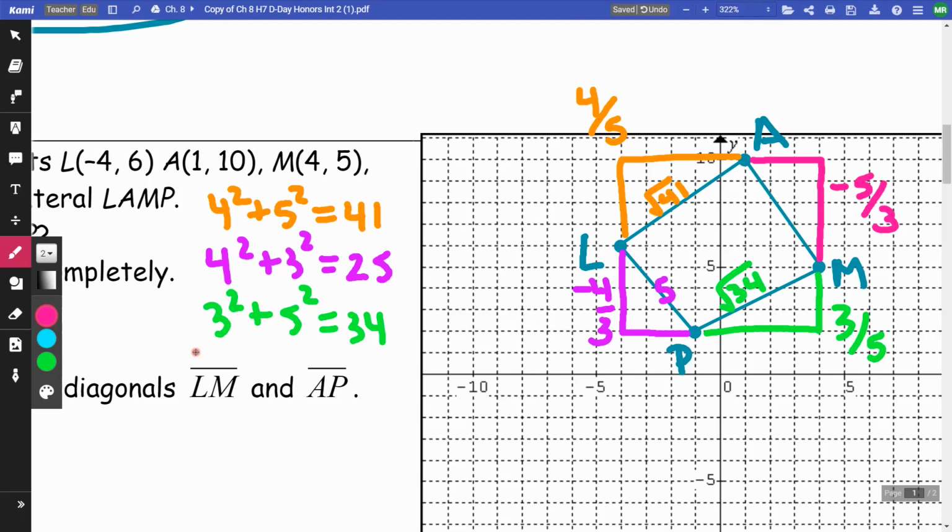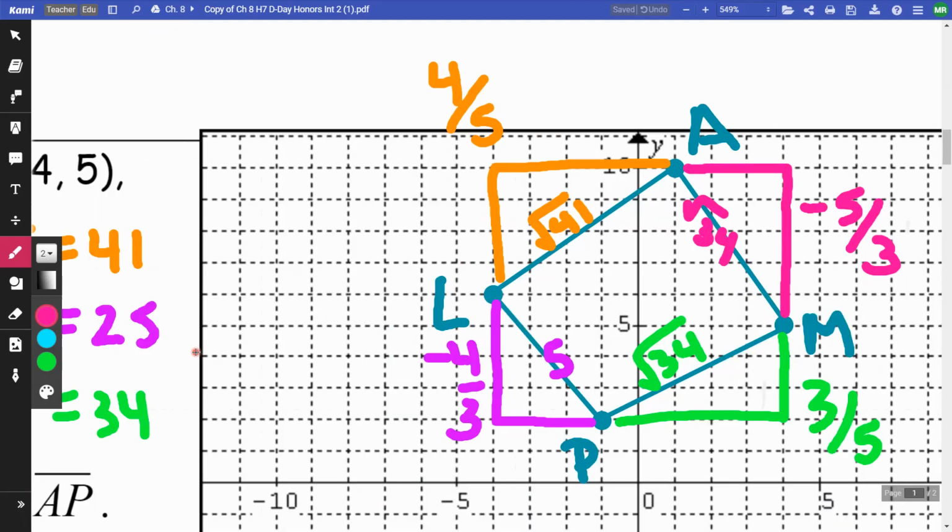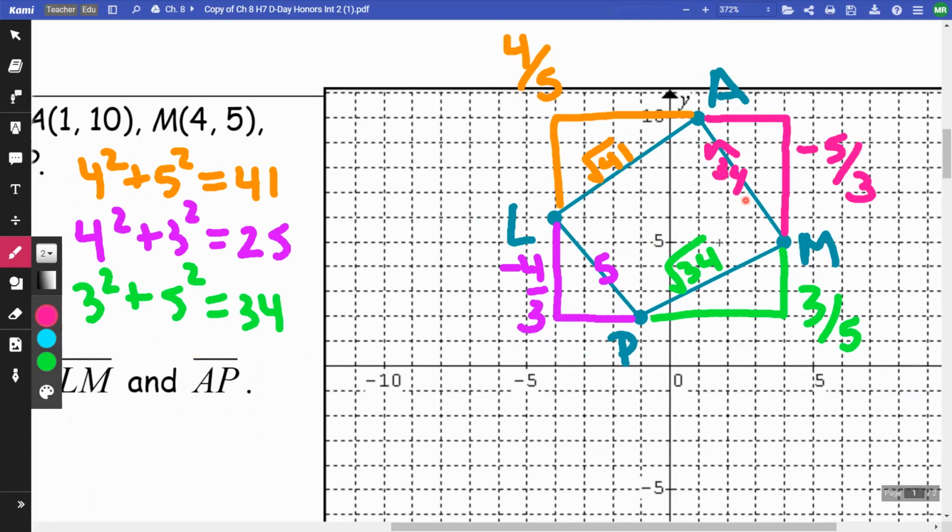So when I do Pythagorean, I'm going to end up getting the square root of 34 also. So I have two sides that are the same next to each other. These ones are not, so this is not like a kite. I have a right angle in this because my -5/3 and my 3/5 are negative reciprocals. So this is perpendicular. These ones are not perpendicular. These ones are not. These ones are not.